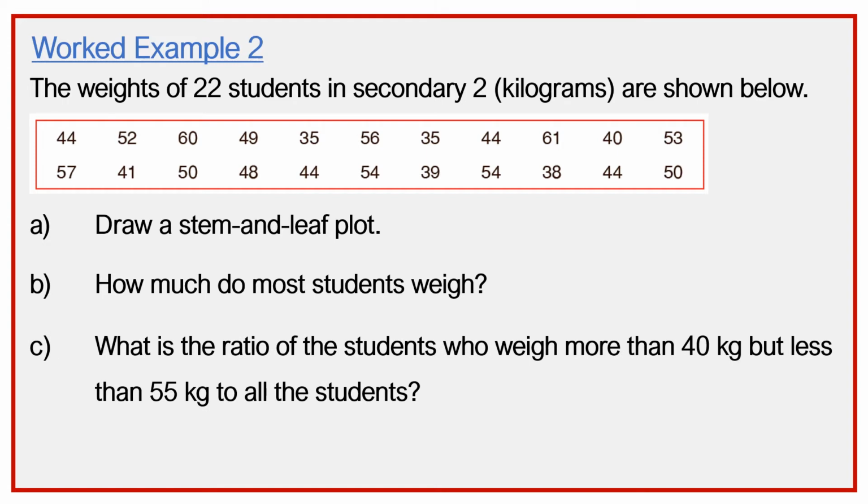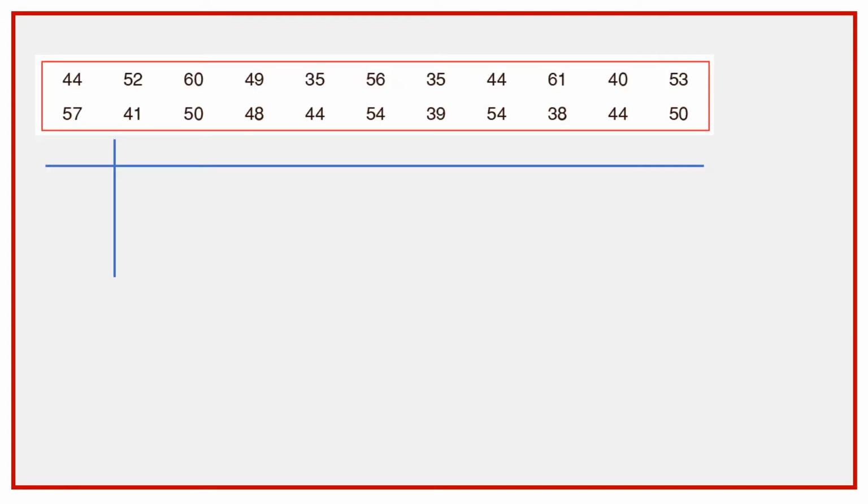C. What is the ratio of the students who weigh more than 40 kilograms but less than 55 kilograms to all the students? Okay, so now let's get the solution.